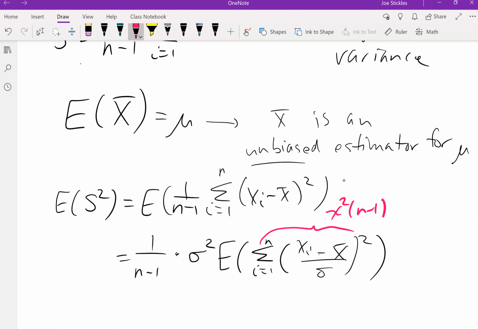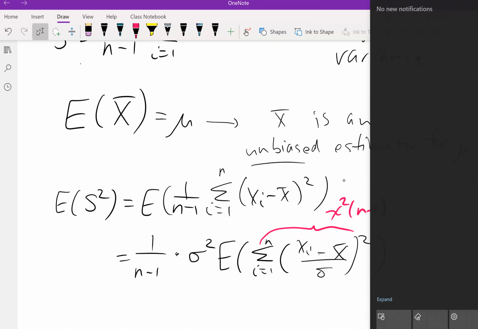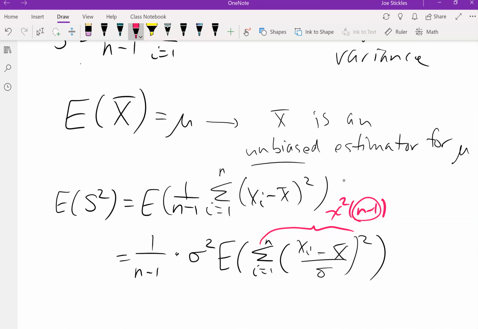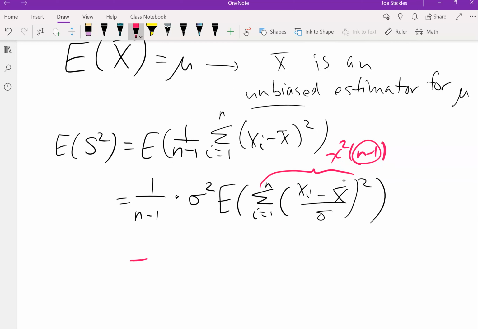Yeah, the expected value is just the degrees of freedom. The expected value of a chi squared of R distribution is just R. It's just the degrees of freedom. Okay? So what do we get here then? We just get sigma squared. Right? The n minus 1's cancel.